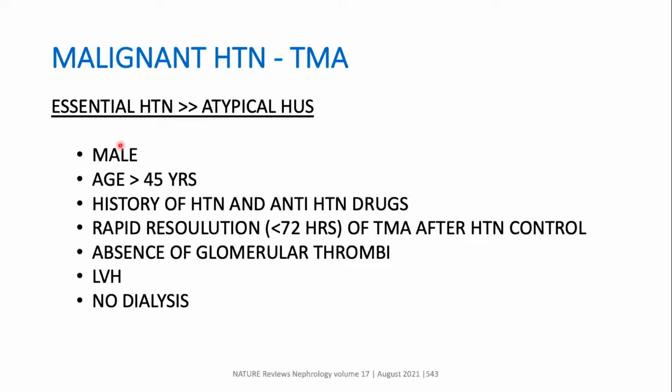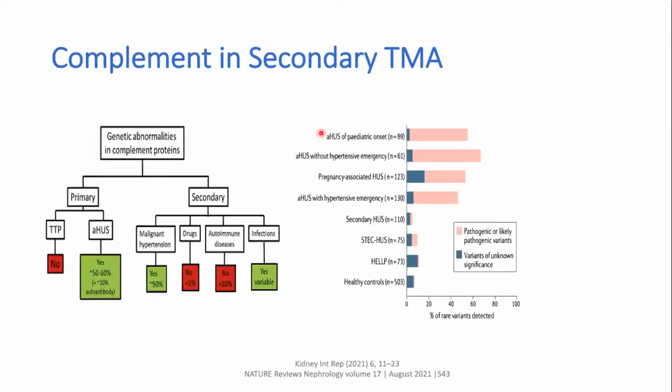Some features like presentation in males, elderly, history of antihypertensive drug usage and recent repeated skipping of antihypertensive drugs, rapid resolution of the TMA features after controlling hypertension, absence of thrombi on the biopsy, presence of left ventricular hypertrophy, and not requiring dialysis, all these features may possibly suggest essential hypertension more than atypical HUS.